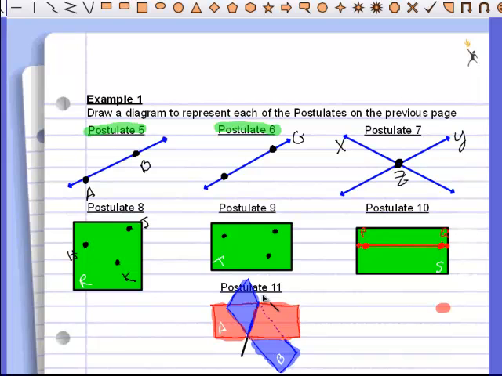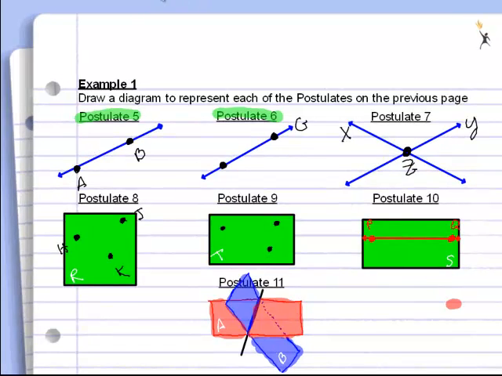It comes through like that. And we want to label that. We'll label it line, I don't know, W. Two planes intersect, and they intersect on one line. And that's what Postulate 11 says.